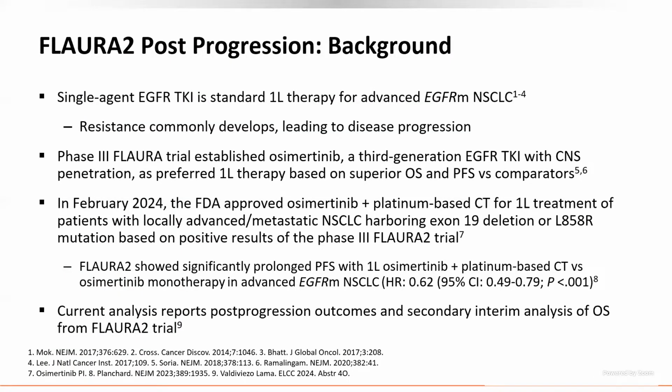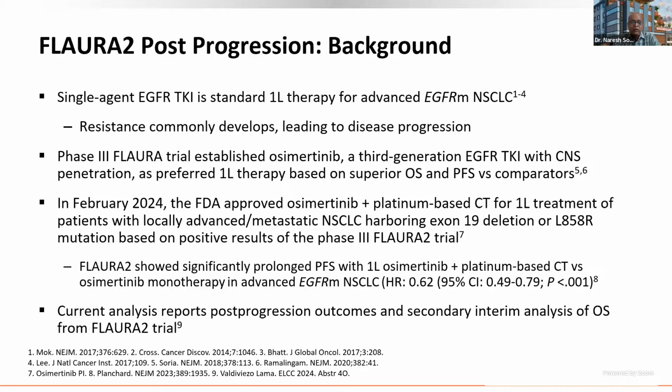So we talk about the FLORA and then we talk about the FLORA 2, and we understand today that FLORA 2, that is the chemo plus osimertinib in the first line, is probably the standard of care and is now being approved. So what happens after the FLORA 2, that is the post-progression, what is the outcome?